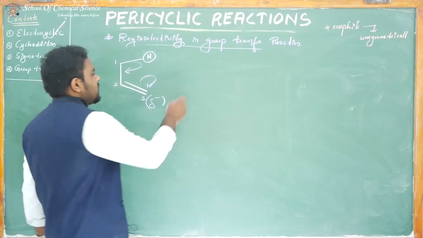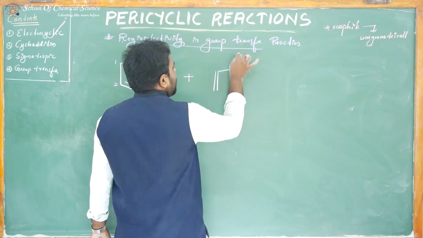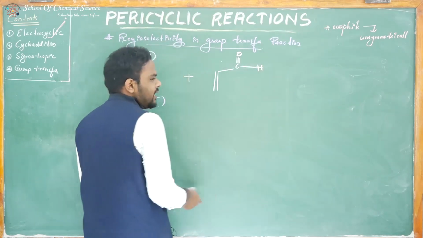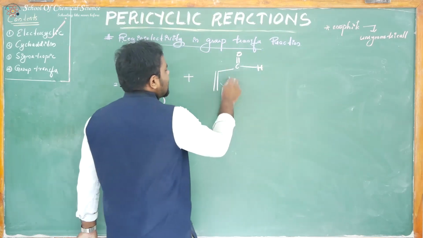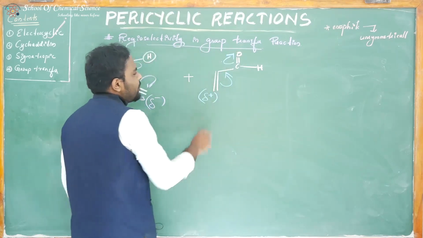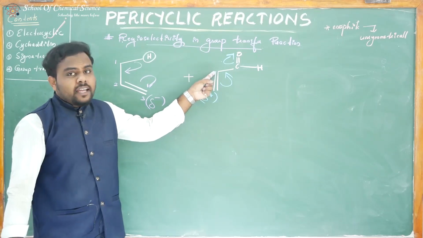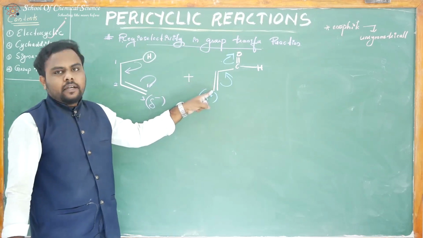Clear? Plus double bond C double bond O, that is your aldehyde. Here also due to resonance, a positive charge will be developed not at the electron withdrawing group bearing carbon, but the next neighboring carbon.